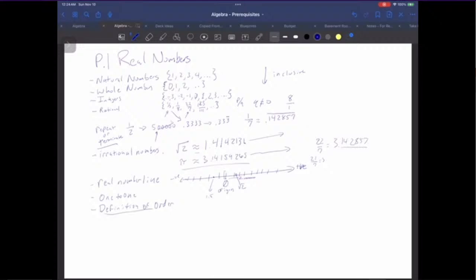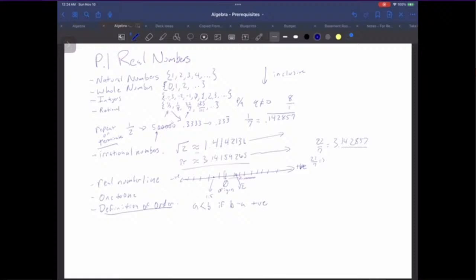I'm not going to write it out here, but when I do the video, I'll probably have a PowerPoint, and it will be written there, but I will say it. If A and B are real numbers, A is less than B if B minus A is positive. So we're going to write A is less than B if B minus A is positive.